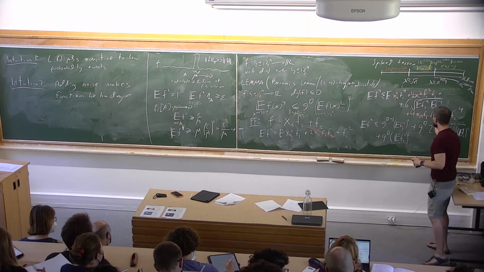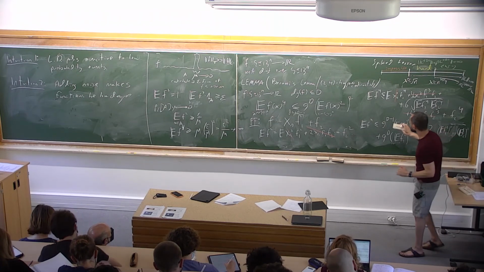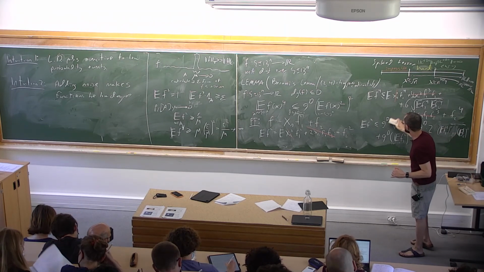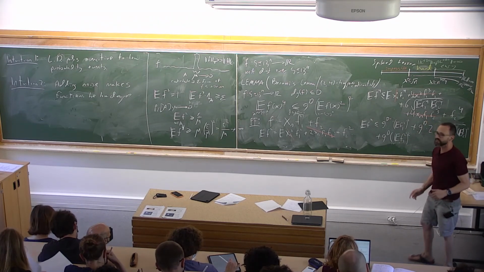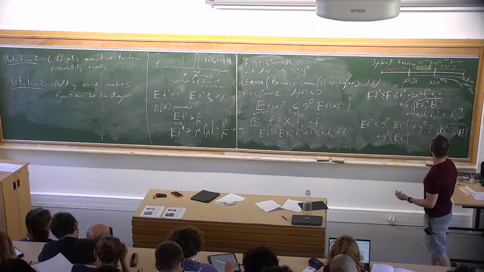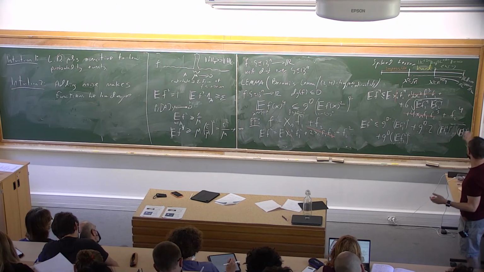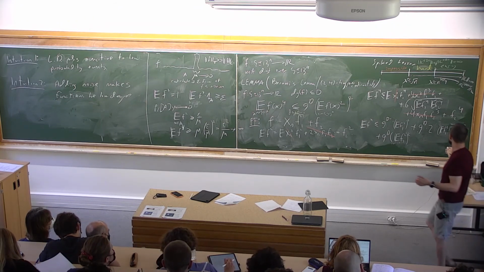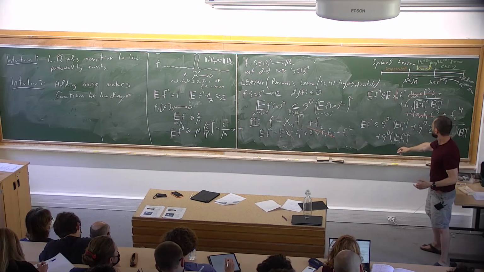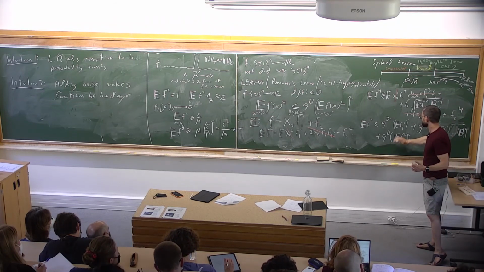So now let's just look at what we have here. Let's make it even 9 to the d here also. So what do we have here? We have 9 to the d times the expectation of f1 squared plus 2 times the expectation of f1 squared times the expectation of f2 squared plus the expectation of f2 squared.